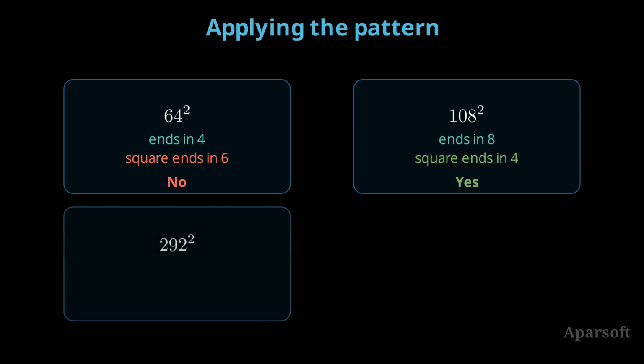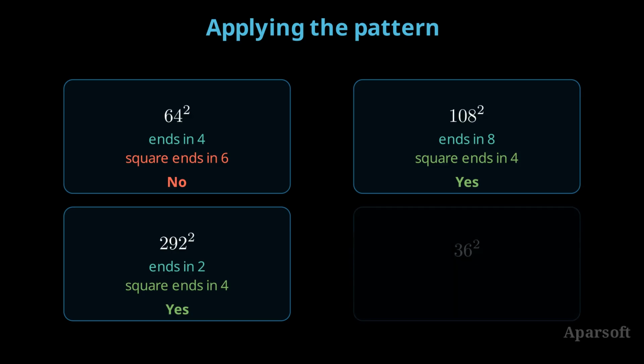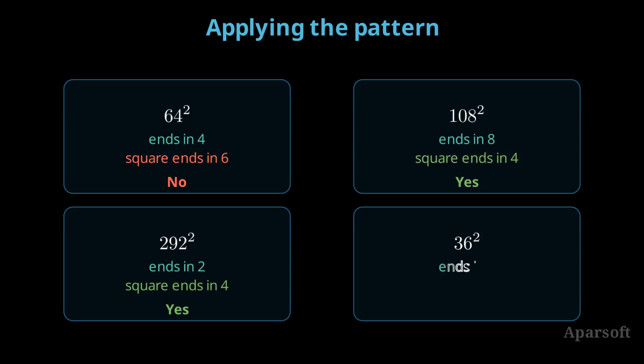That is a yes. Next, 292. The units digit is 2. Numbers ending in 2 have squares ending in 4. So 292 squared also ends in 4. Another yes. Finally, 36. The units digit is 6. Numbers ending in 6 have squares ending in 6. So 36 squared ends in 6, not 4.